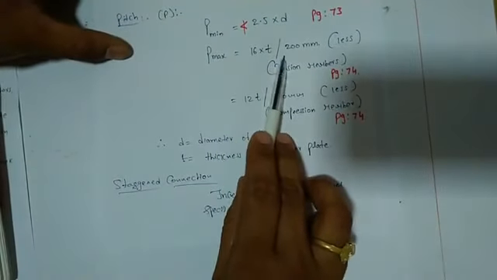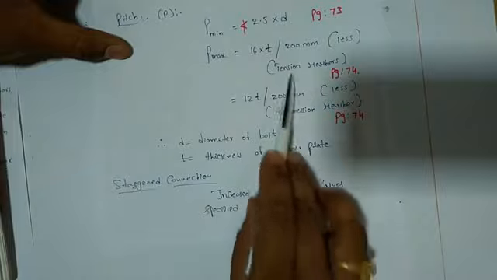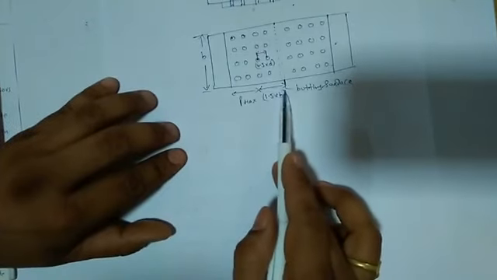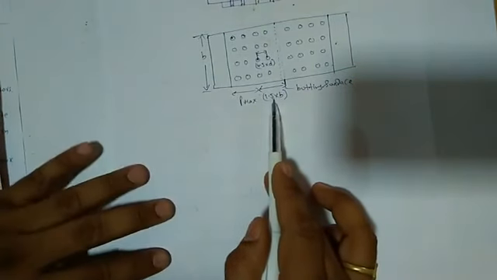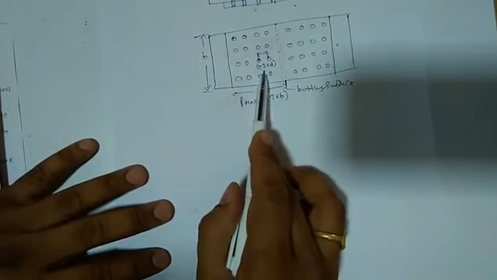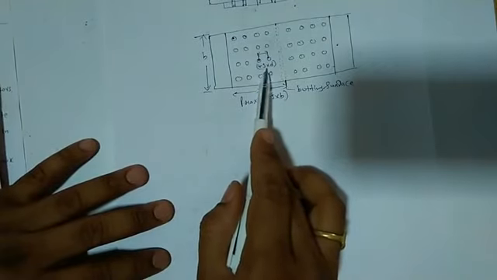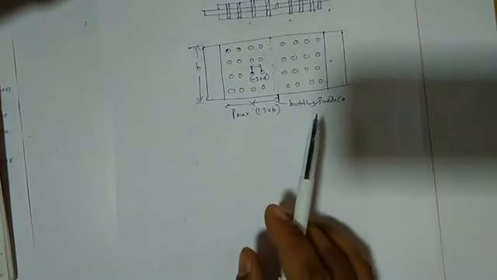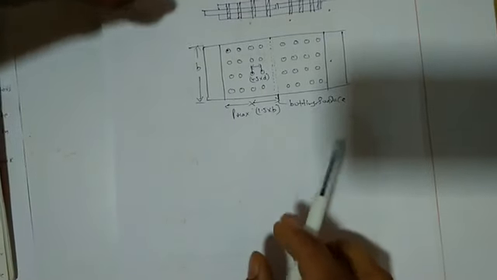See, the maximum pitch is 16 times of d, 12 times of t, based on the different types of member. These pitches can be followed for the rest of the distance. But from the butting surface, for a distance of 1.5 times of b, you have to follow the pitch as 4.5 times of d. So this is what the code is recommending for butt joint. Very, very important, so please keep it in mind.